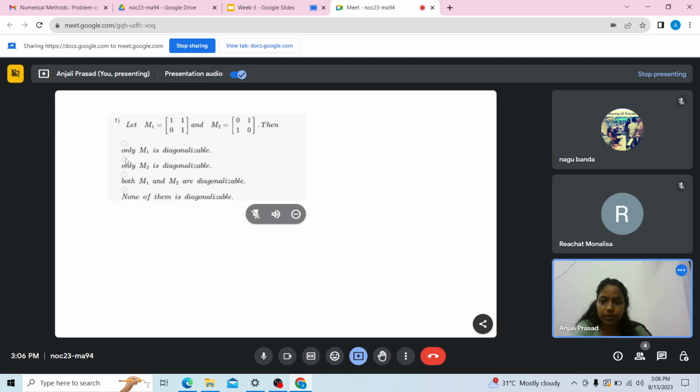The first says only M1 is diagonalizable. So you have to find whether M1 is diagonalizable, or M2 is diagonalizable, or both, or none of them.